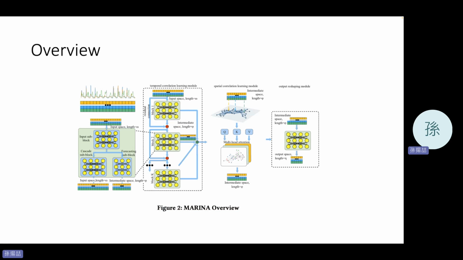Let's talk about the model overview. There are two main modules in this MARINA model. The first one is the temporal module, which is used to analyze the temporal correlation. Another one is the spatial module, which is used to analyze the spatial correlation.